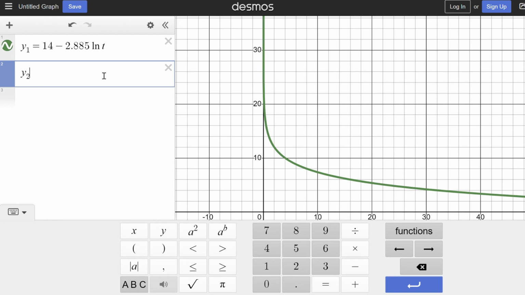Then y2, the linear model of our sales, is negative t plus 14. That's our second model. However, we want to figure out t when the linear model is 0.1 thousand units less than the logarithmic model. So we have to add 0.1 to this so that y1 equals y2, so that these two equations are equal.